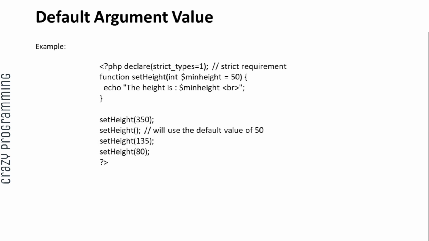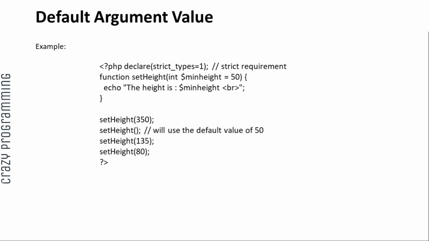Inside the function I just echo and print the height is minHeight. Then I call setHeight outside the function with 350, which means the output will be the height is 350.